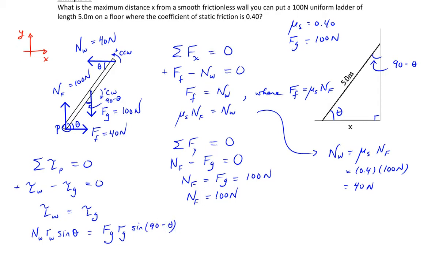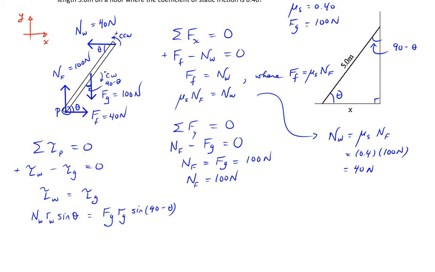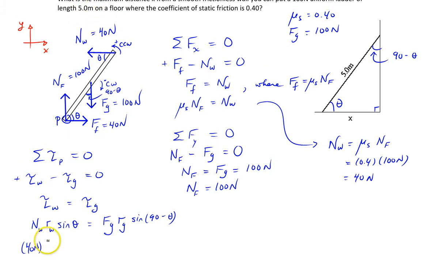Moving down here to get a little more space, I can start to put in my forces. I know that this force is 40 newtons. The r sub w is the length of this, which you can see up here is 5 meters. So this is 5 meters times the sine of the angle, which we don't know, equals the weight of the board, which is 100 newtons, times r sub g, the center of gravity, which would be at the geometric center, half the length of the board.